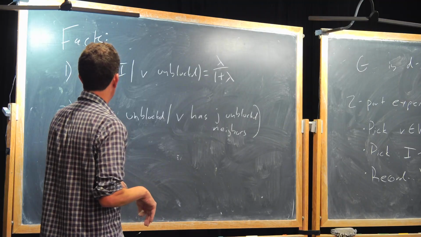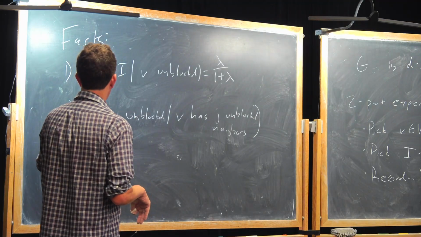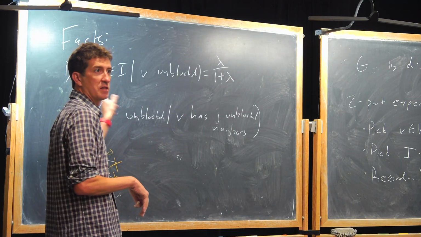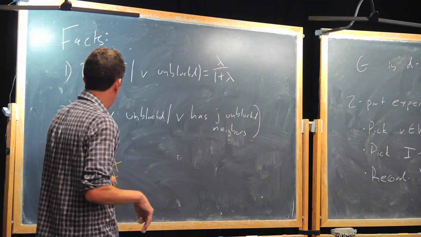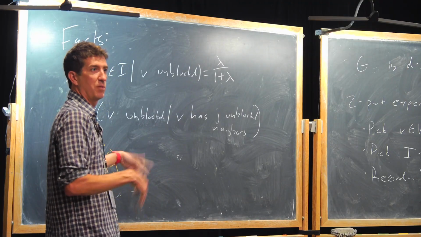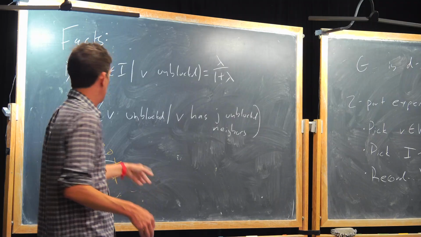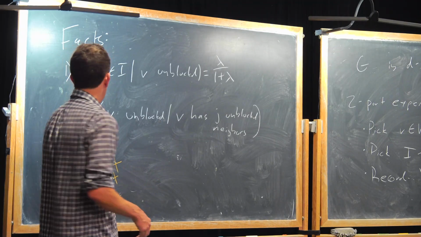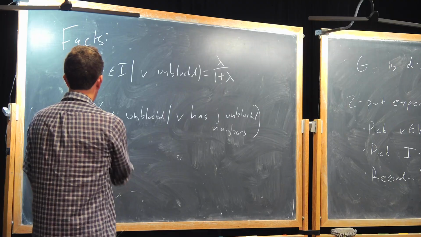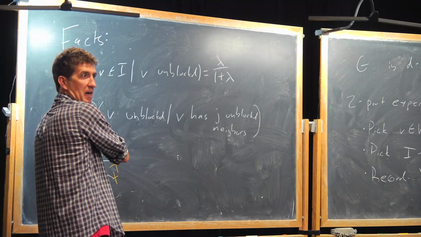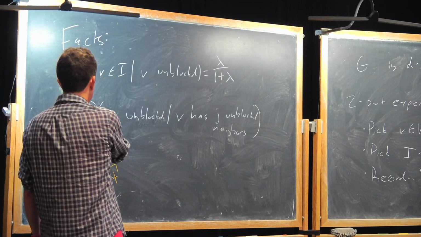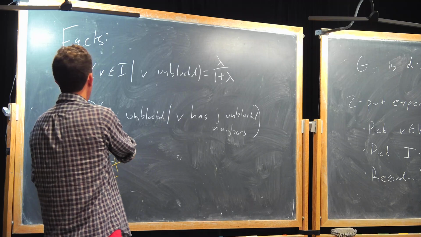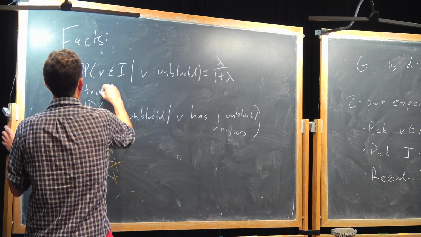So let's think about this a bit. V being unblocked just means that none of its neighbors are in the independent set. And I don't have to worry about these guys, because these guys are blocked. They can't be in the independent set. I do have to worry about these guys. They could all be in the independent set. And what are the possibilities for these guys? So they're unblocked. And crucially here, this uses triangle free. So this is the one place we'll use triangle free.